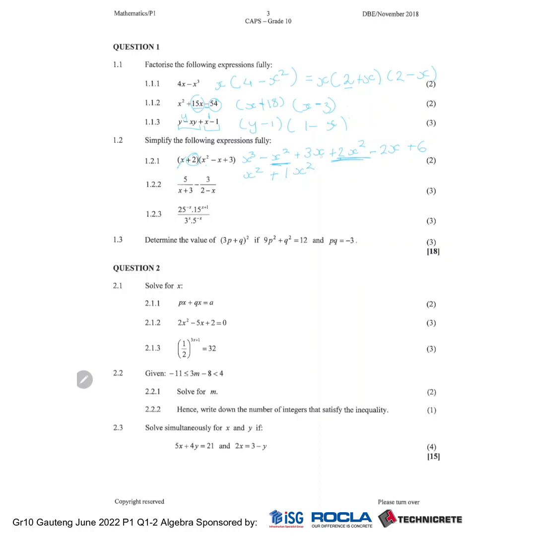The 3x plus minus 2x is going to give us 1x. And then finally, we have the 6. Simple. Okay, now for the next question.